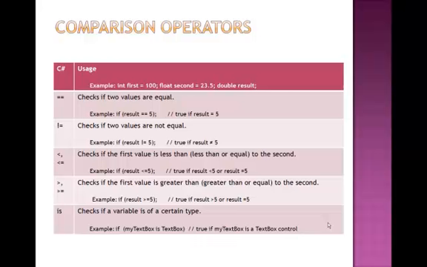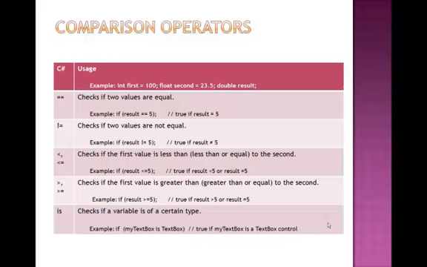The comparison operator for equal is two equal signs, and the inequality operator is an exclamation mark and an equal sign. The greater than and less than operators are greater than and less than signs, and if you put an equal sign next to them, they become less than or equal and greater than or equal.